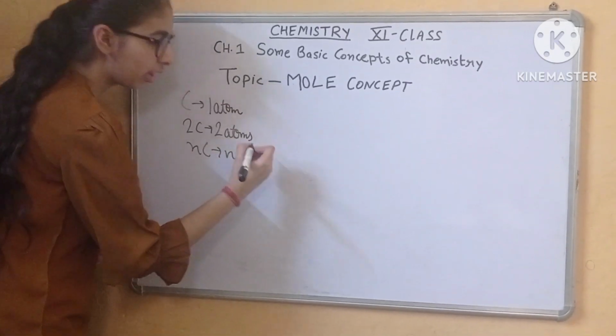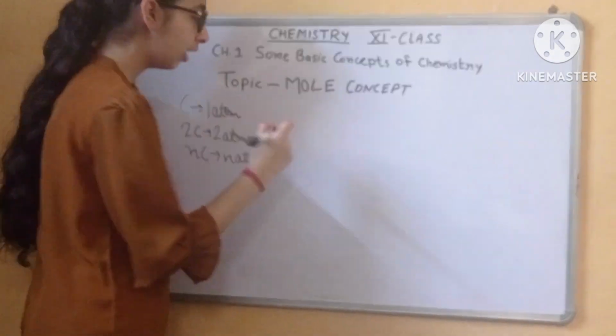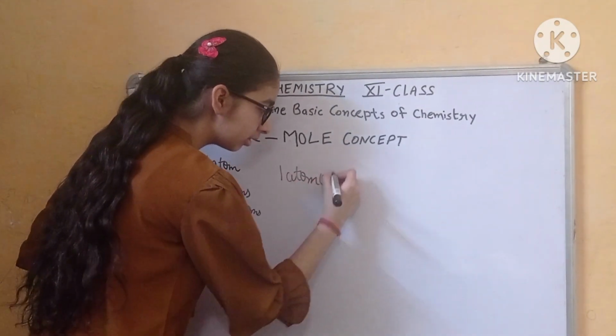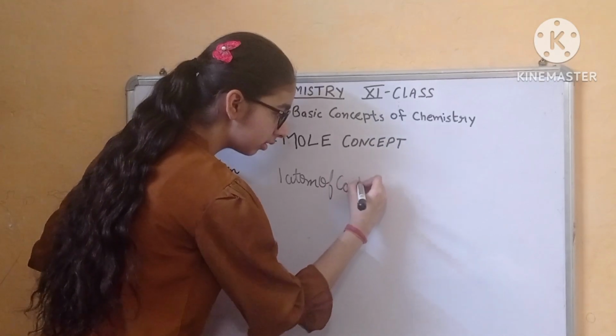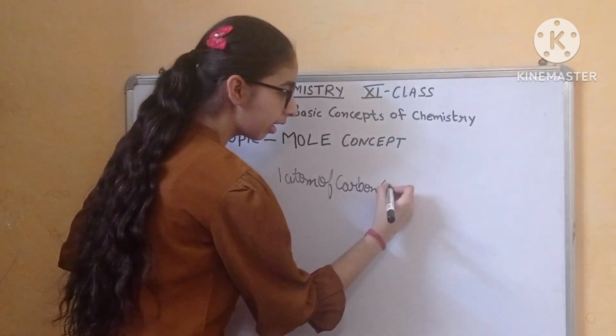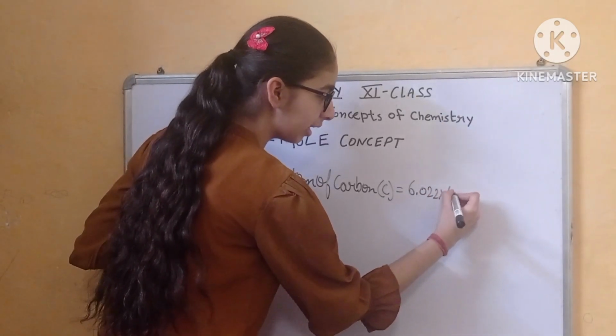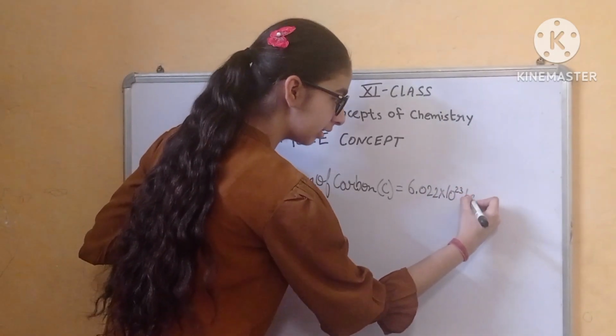So according to the definition of mole, 1 mole of carbon atoms consists of 6.022 into 10 raised to power 23 particles.